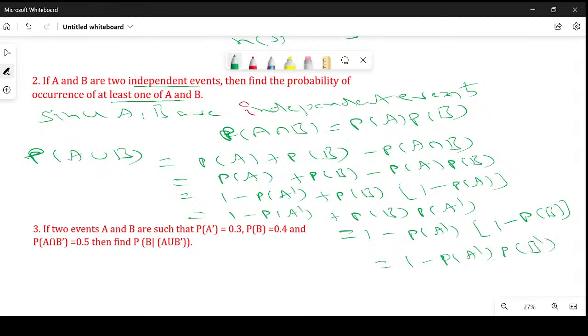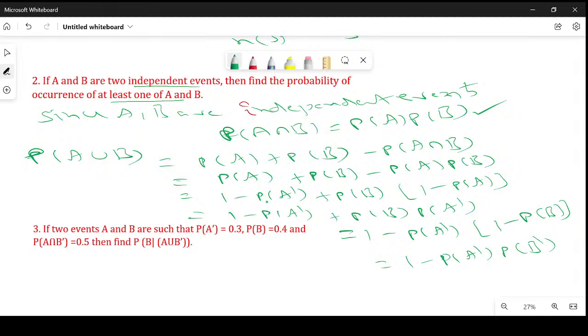So dash means complement. Since A, B are independent events, P of A intersection B is equal to P of A into P of B. At least one of A and B means you should find the union: P of A plus P of B minus P of A intersection B. Replace A intersection B with P of A and P of B, since they are independent events.